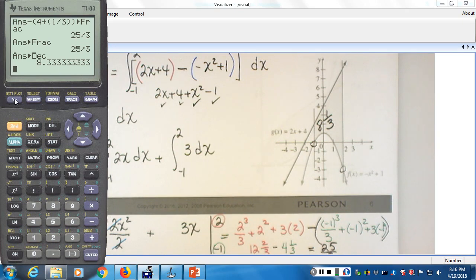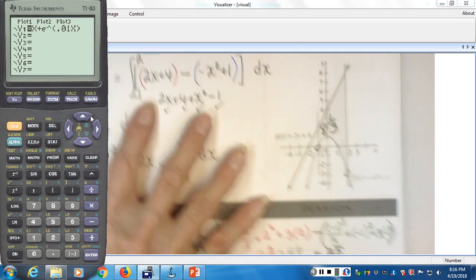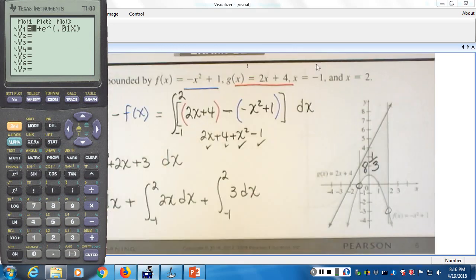What you would do first is you would put your top function in y1. And your top function here is 2x plus 4. You might have to graph it first to figure this out. So even if I didn't know that was my top function, I would do x squared plus 1.